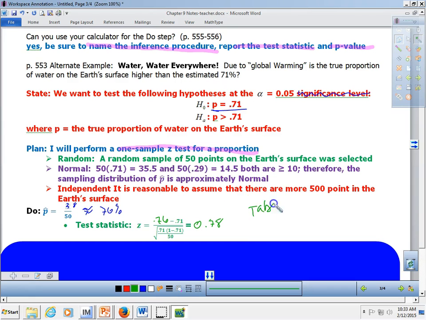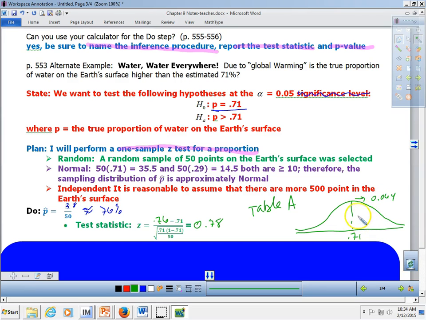Okay? At which point, this is a Z-score. You go into table A, find 0.78. We're looking for, right, and we can sketch this out. I want to know, assuming that this is 0.71, right, we're going to assume that the P is 0.71. And the standard deviation here is 0.064, right?